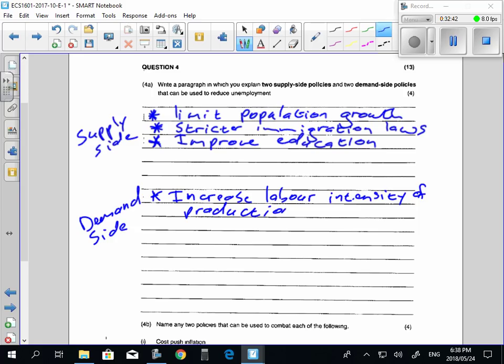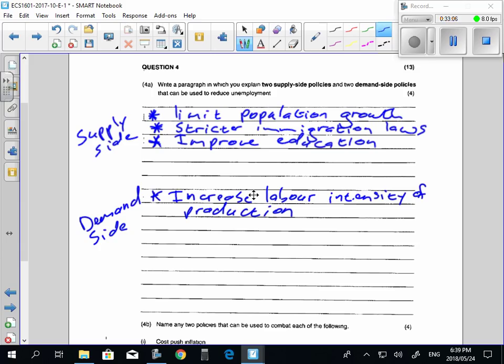We get labor intensive and capital intensive production. Labor intensive is when you use more labor than capital to produce your product. Capital intensive is when you use more capital than labor to produce your product. So obviously, if we increase labor intensive production, we're going to employ more people and less capital.